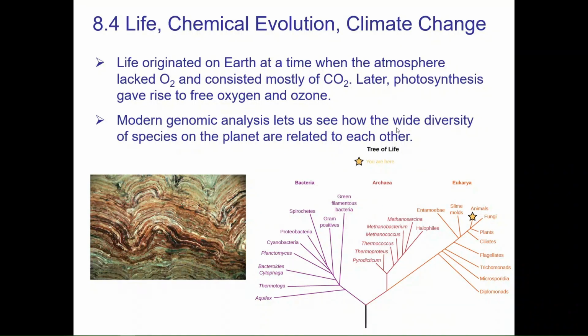Although we have a wide diversity of species on the planet, we are actually related to each other very closely. For example, human is a type of animal. We have a very close relationship with the chimpanzee, with about 99% similarity at the genomic level.